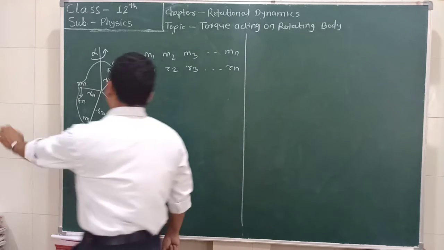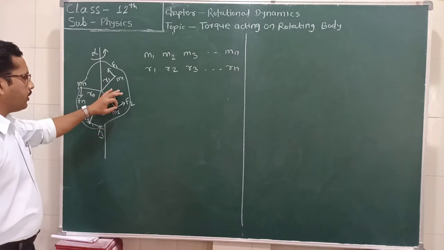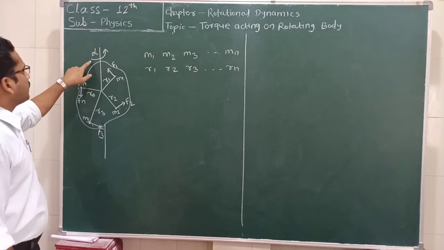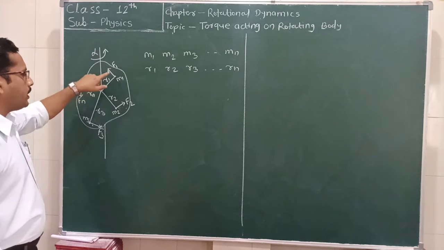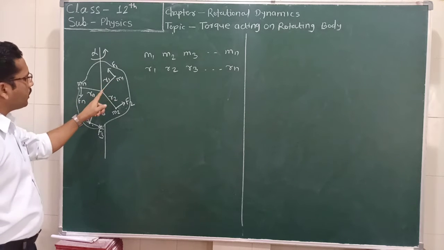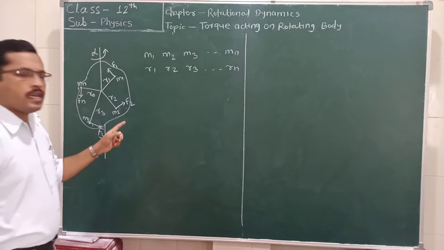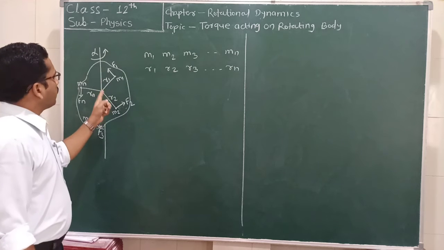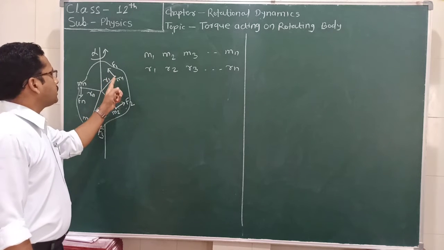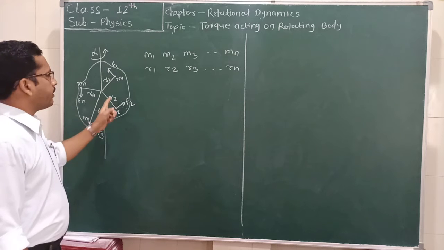The linear acceleration for each particle will be different because alpha is the same for all the particles in the rigid body, but the distance of each particle from the axis of rotation is different. Therefore, the linear acceleration acting on each particle will be different.